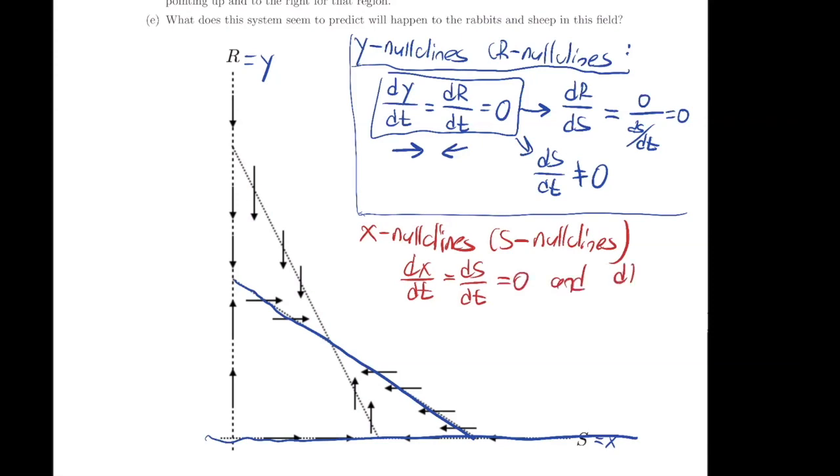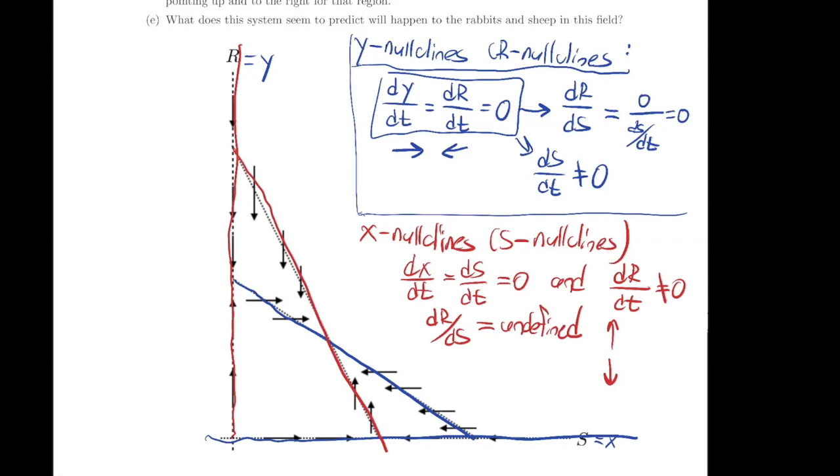And we're going to assume that the other derivative is not 0, or else again, we would be at an equilibrium. And so these vectors in the phase plane, since we would be dividing by 0, are going to be undefined. What that means is they're going to point directly up or directly down. So that would be this line right here, and this line right here.